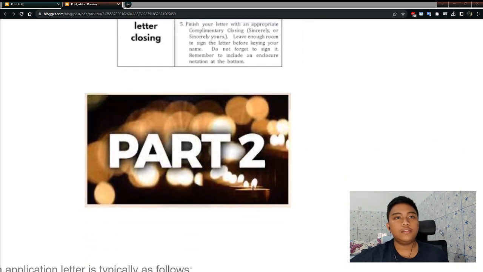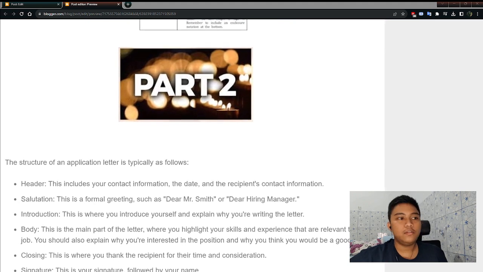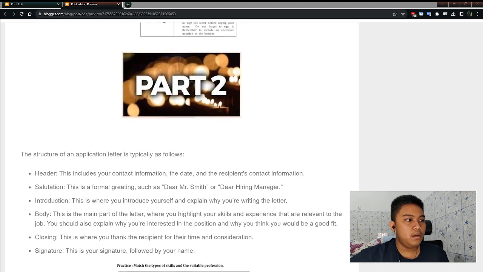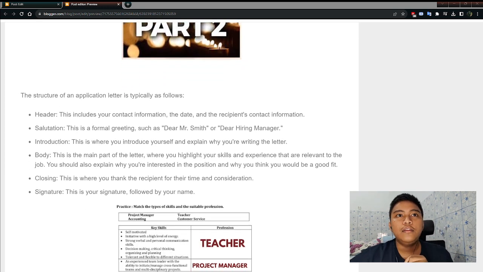Next, the part of chapter 1. What is the structure of an application letter? Usually there's the header. Here you include your contact information, the date, the recipient's contact info, and many more.